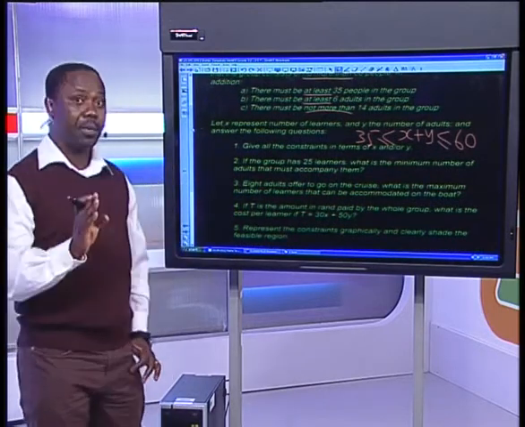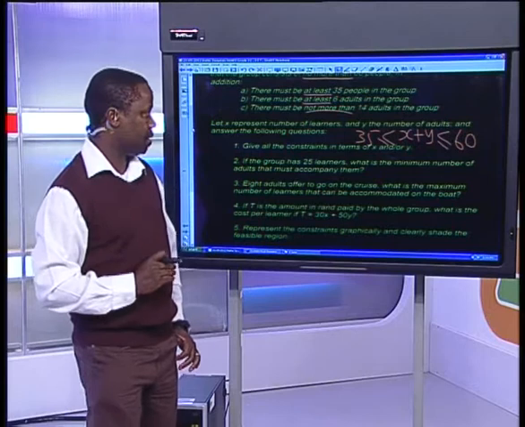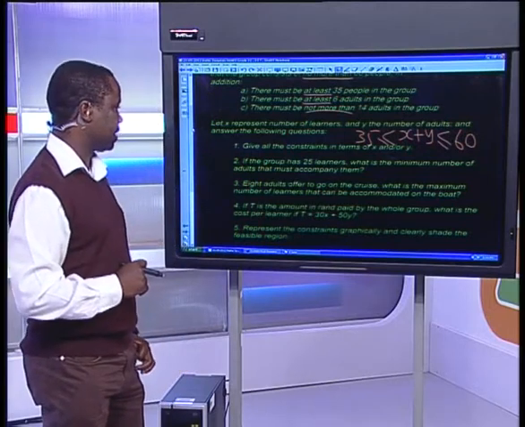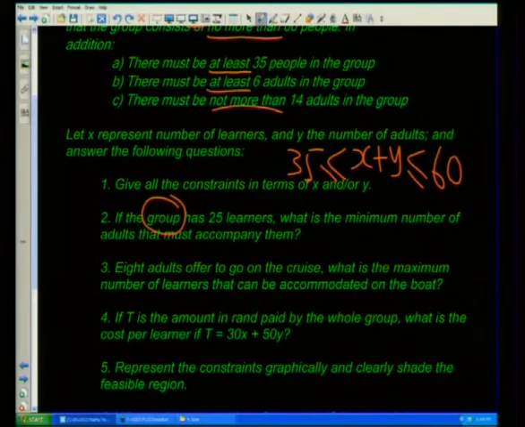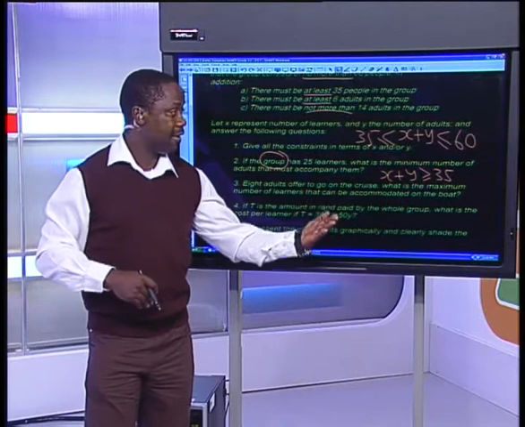It says if the group has 25 learners, what is the minimum number of adults that must accompany them? So this is now a group, which means the total. We said a group must be more than 35. So essentially we are saying x plus y is supposed to be greater than 35 on the minimum side, because now the 60 is on the maximum side.